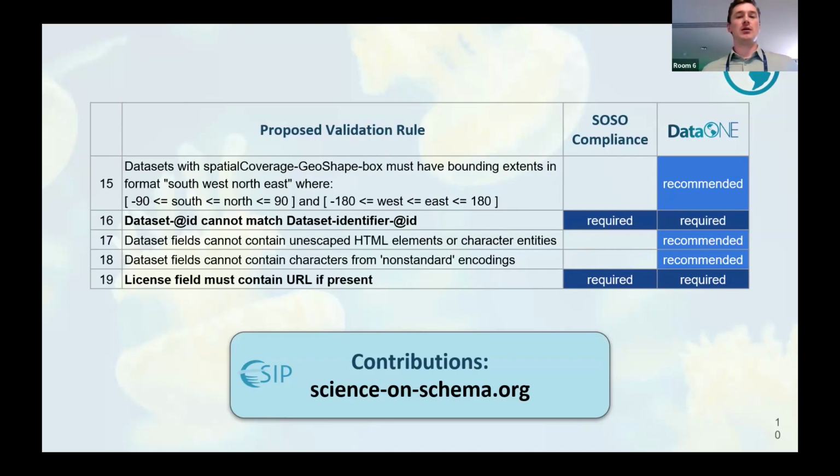And then other issues related to making sure that there's no unescaped HTML or injected code, and not accepting any non-standard encoded characters. And also making sure that the license field has a URL instead of a sentence, for example. So I would like to solicit contributions for this.